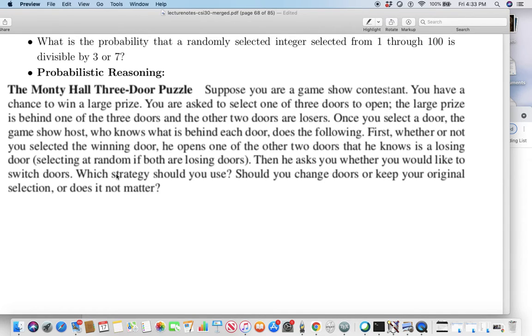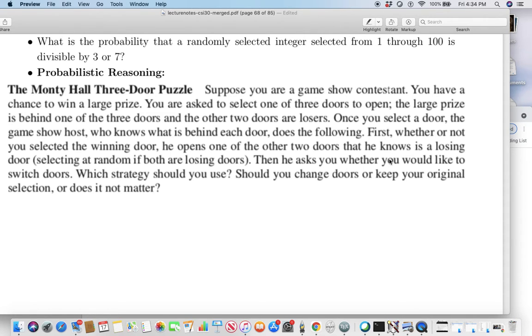Once you select a door, the game show host, who knows what is behind each door, does the following. First, whether or not you selected the winning door, he opens one of the other 2 doors that he knows is a losing door. So you see, if you selected the winning door, both of the other doors are losing doors, so he will select at random.